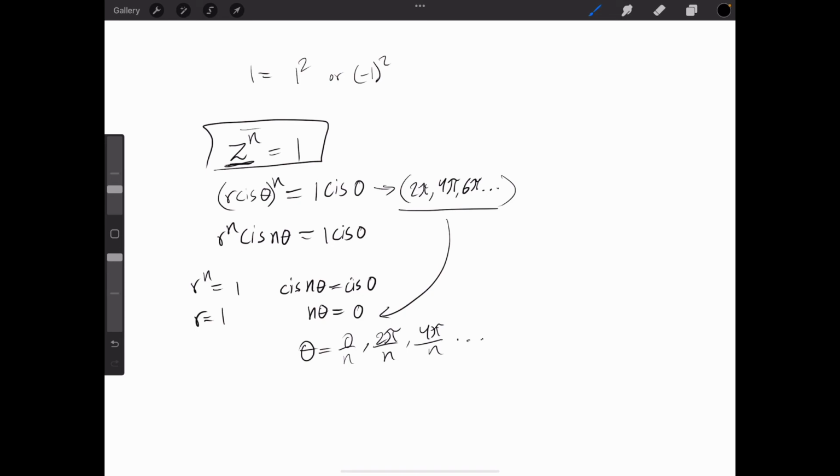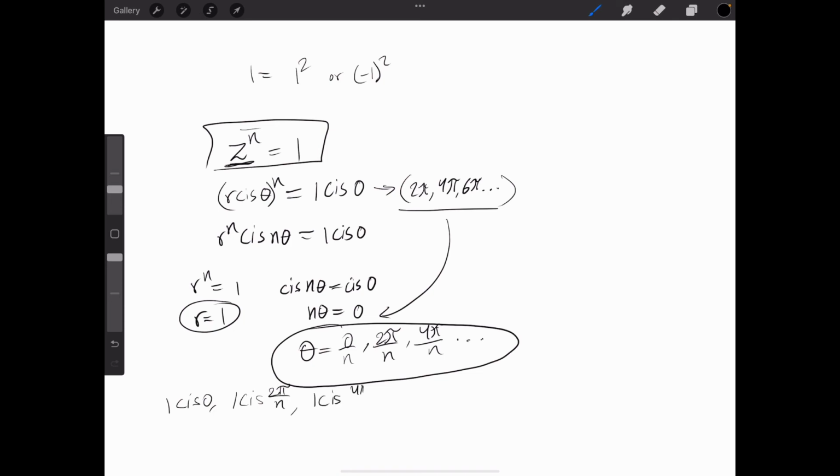But now that we've solved r, which is the modulus, and theta, which can be any of these, it gives me every single complex number that can be raised to the power of n and equal 1. So we have 1 cis 0, 1 cis 2 pi over n, 1 cis 4 pi over n, etc.